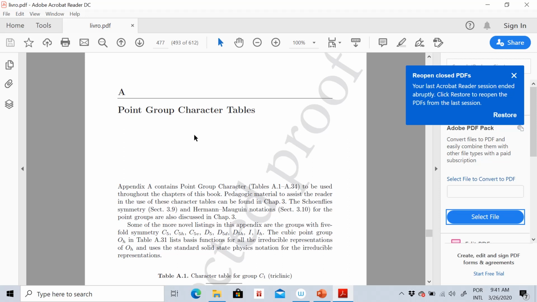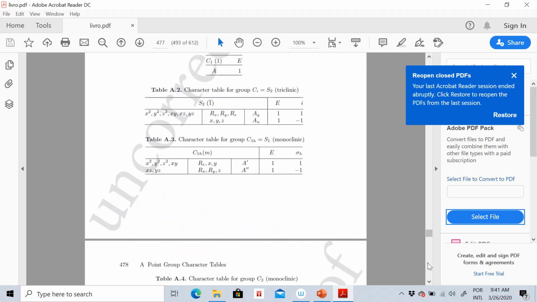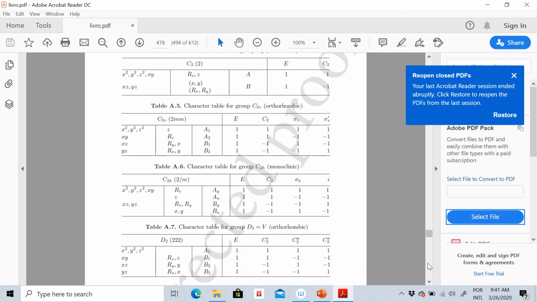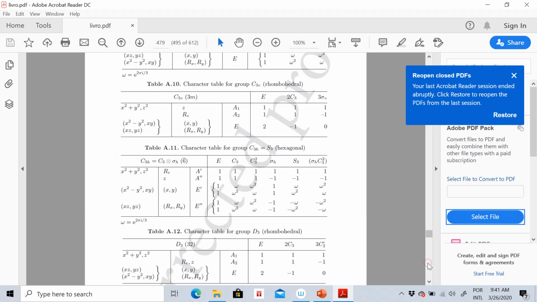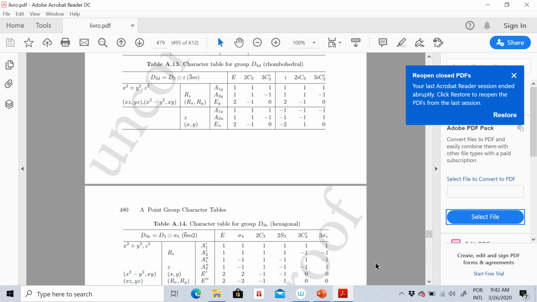These are not all the possible groups, but it's a very important subset, which are called point groups. We are going to discuss point groups a lot. So these are the character tables for many different point groups. They are all for your reference in the Appendix A of the textbook, and you're going to use them a lot for doing exercises. Even in today's lecture, we're going to use these character tables a lot.